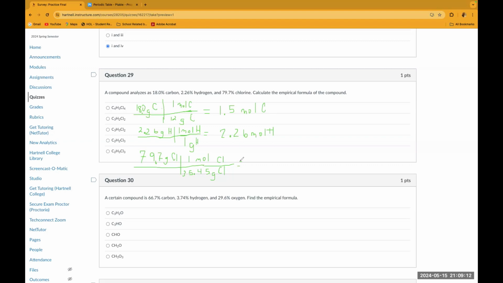But with sig figs, we can just do 22.5. Okay, so then what's next? We divide by the smallest number, which is 1.5.